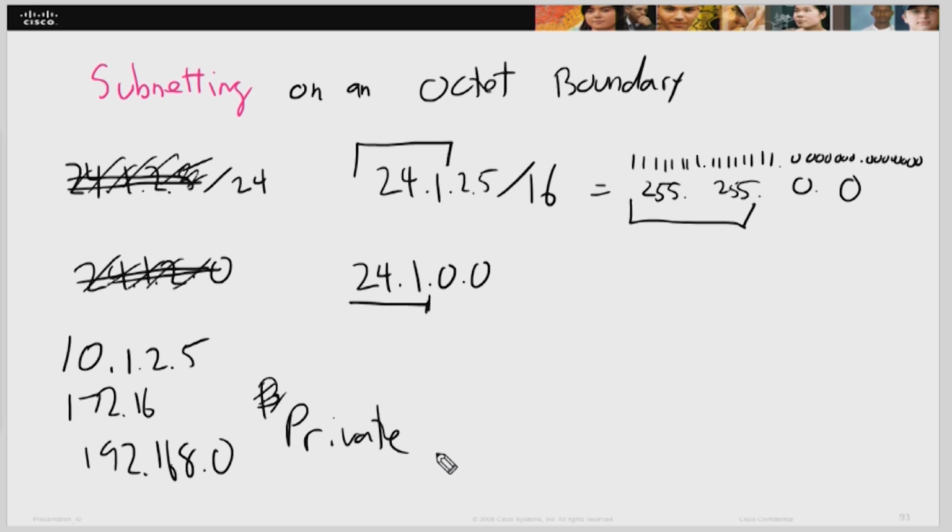Private IP addresses, and those addresses are what we use internally. So if I have a 10 address, then I can use whatever I want. 10 is what it starts with. I can use any value I want out here. So why wouldn't I just put my subnet mask right there on that dot boundary so whatever I see makes life easy for me?